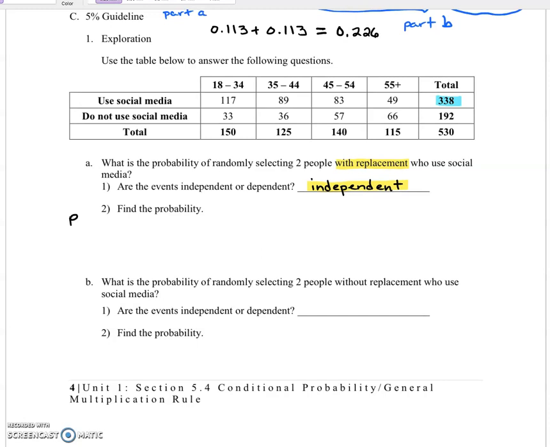So the probability of first person uses social media and the second person uses social media equals the probability that the first uses social media times the probability that the second uses social media, given that the first also uses social media.